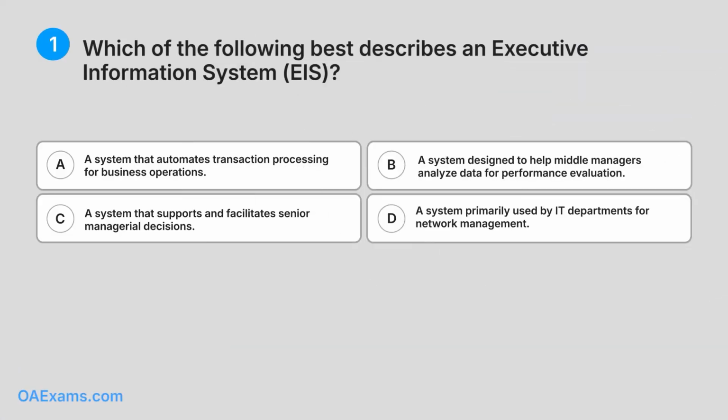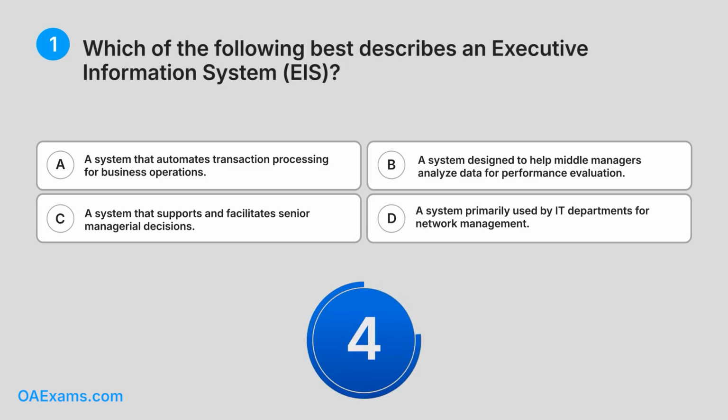1. Which of the following best describes an Executive Information System, EIS? A. A system that automates transaction processing for business operations. B. A system designed to help middle managers analyze data for performance evaluation. C. A system that supports and facilitates senior managerial decisions. D. A system primarily used by IT departments for network management.